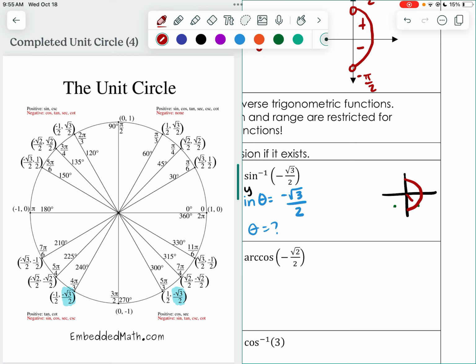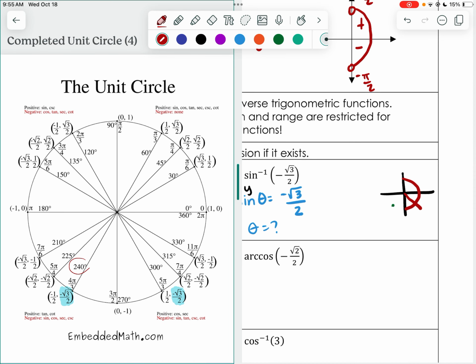Oops, I'm sorry, I am in the wrong one. The 300 or 5 pi over 3. Now, it's not between 0 and 360. It's between pi over 2 and negative pi over 2, or 90 and -90. So we're only going to use those negative angles.